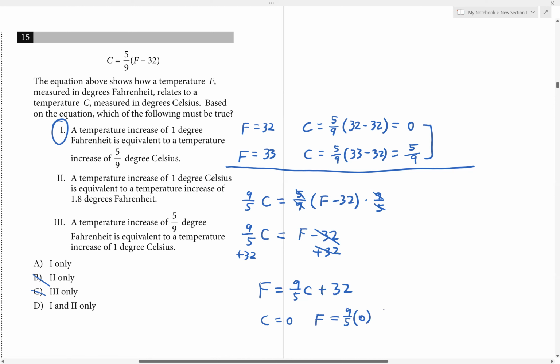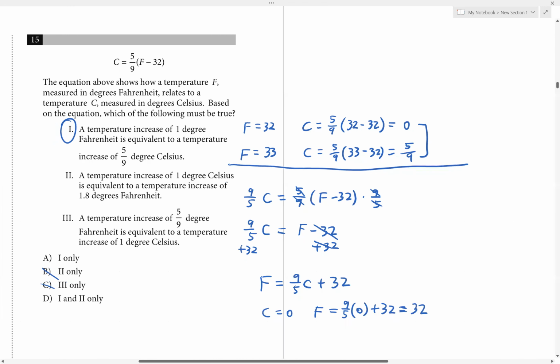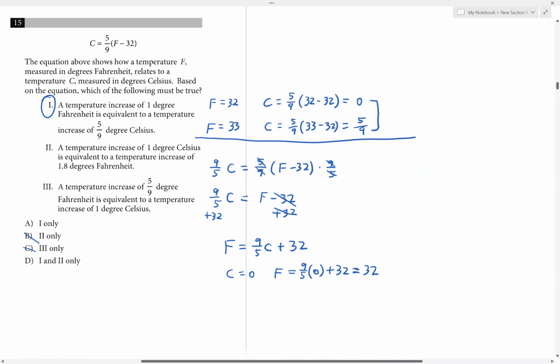I picked 0 because it's easier to solve. 9/5 times 0 is 0, plus 32 is still 32. When Celsius is 0, we know the Fahrenheit temperature is 32.